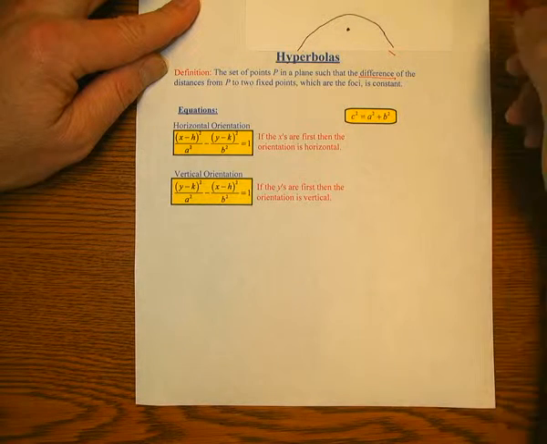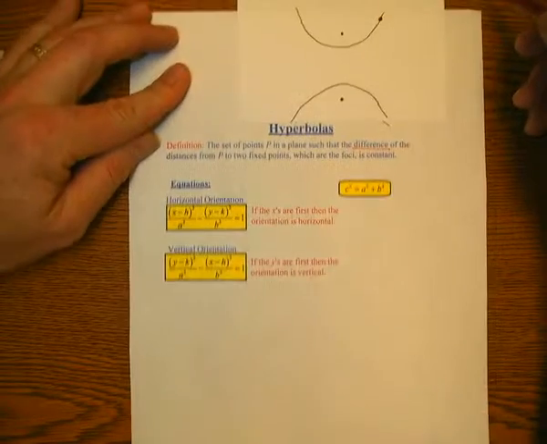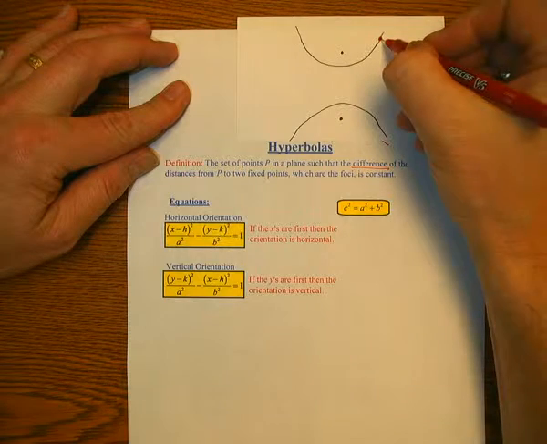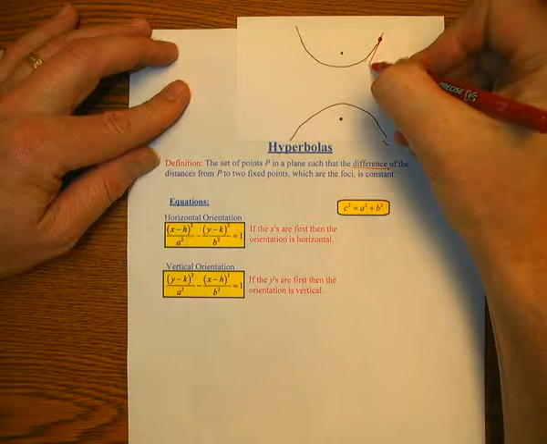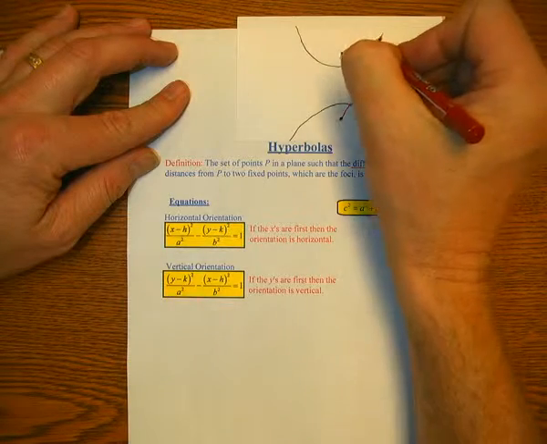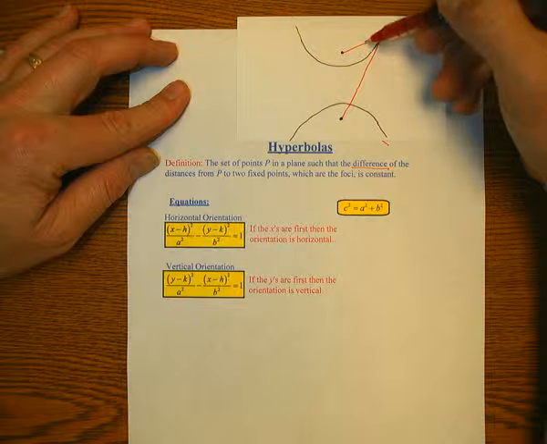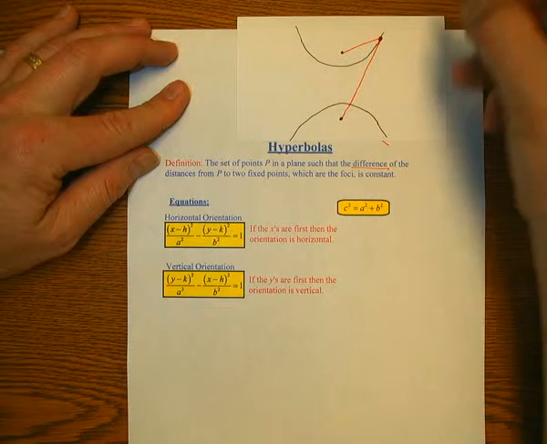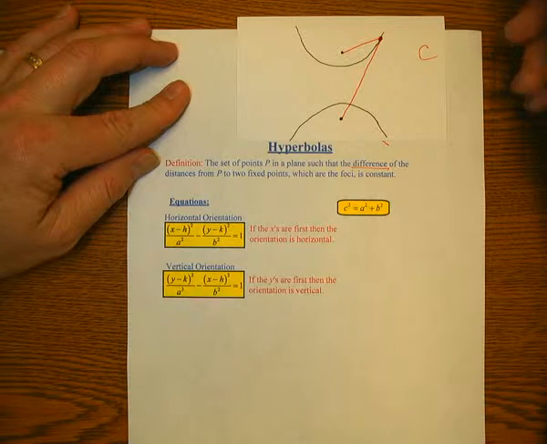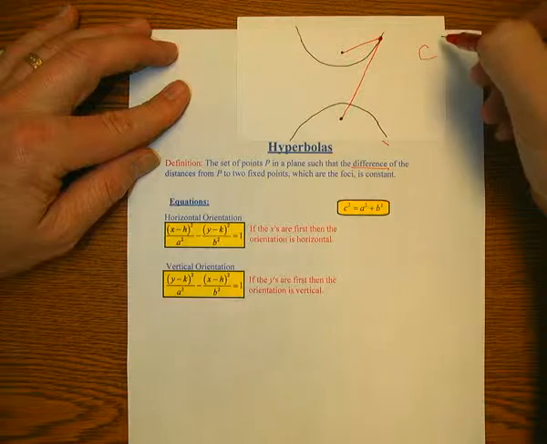Simply put, if you put a point on your hyperbola somewhere, and draw a segment to one focus and then to the other focus, and you subtract those two lengths, you will get a constant C. Let's say, for example, this minus this came out to be 5.